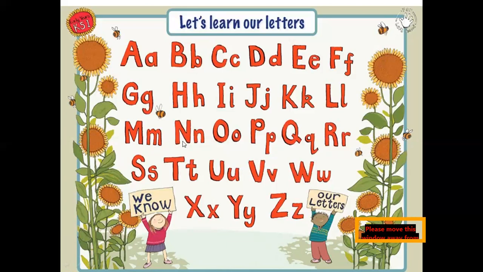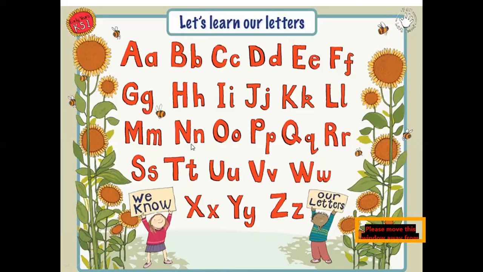After M, our next letter is N. This one is the big N and this one is the small n. Understood? And night, neck, necklace, and nail.